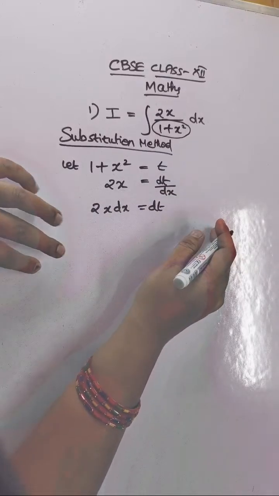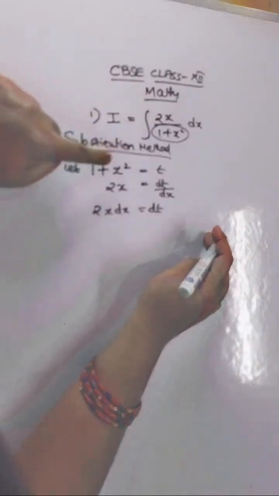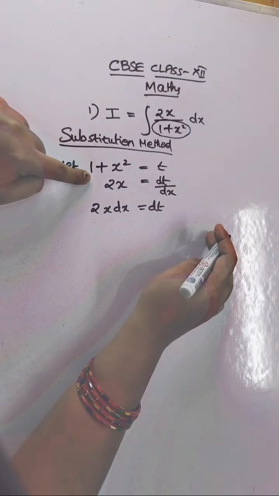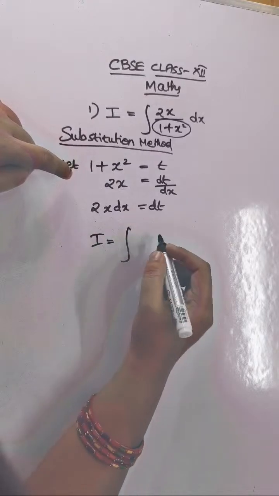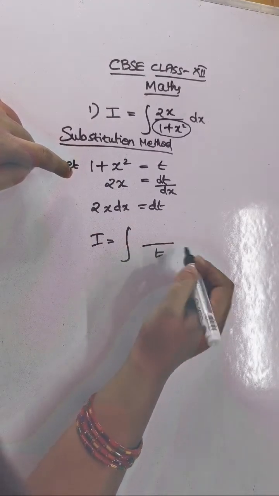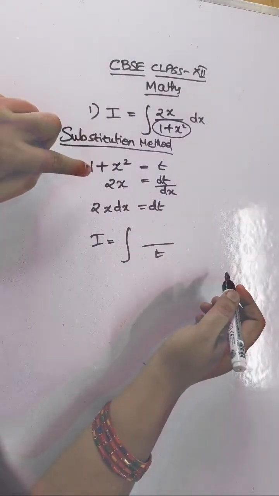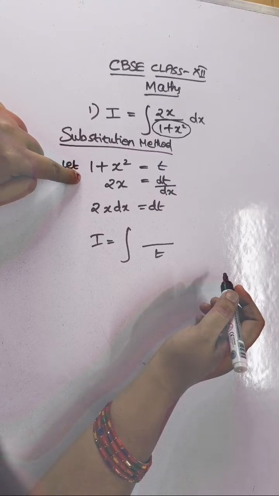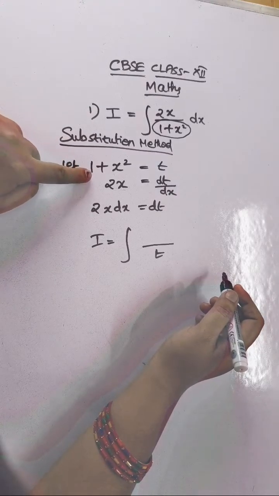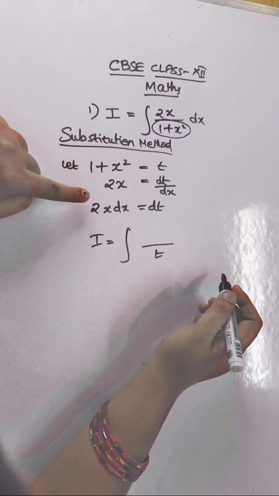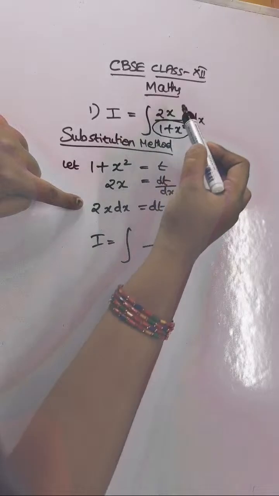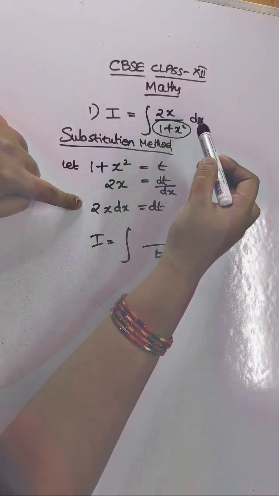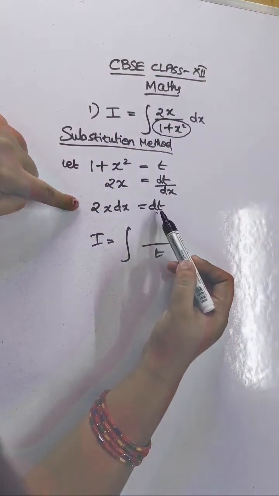Now check, we have taken the denominator as some variable. So can we replace that? Instead of 1 plus x square, can I replace it as t? Because that is what I have assumed here. And when I differentiated, I got 2x dx as dt. In place of 2x dx, can we write it as dt?